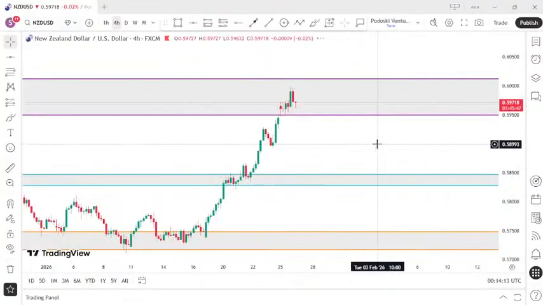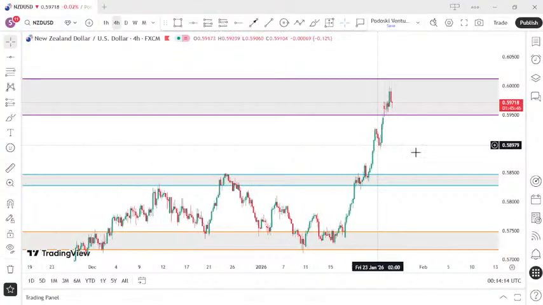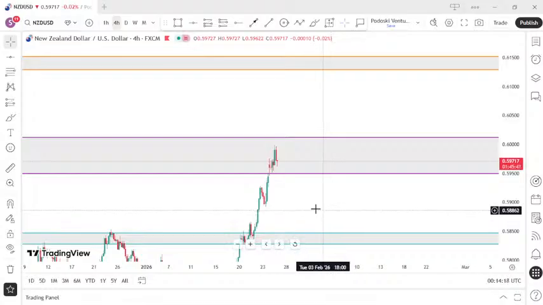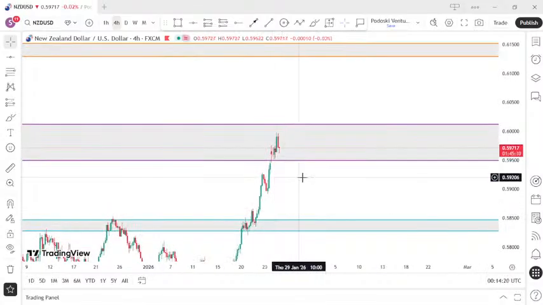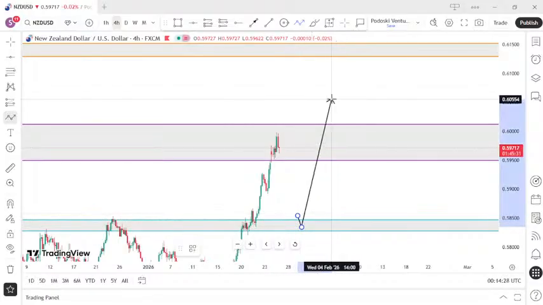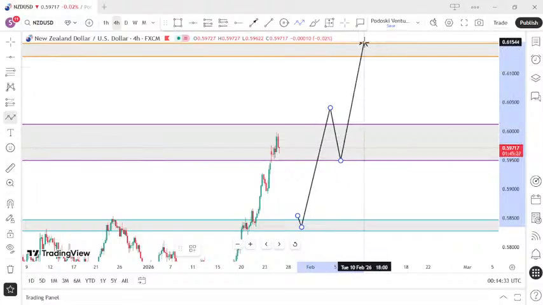But let's go to the 4 hour and see how we are going to prepare for that. Here on the 4 hour, price has already broken out of the zone nicely. So we are going to wait for price to come back for a retest. After the retest, we get our candle confirmation. Then we buy on NZD USD all the way to the upside.